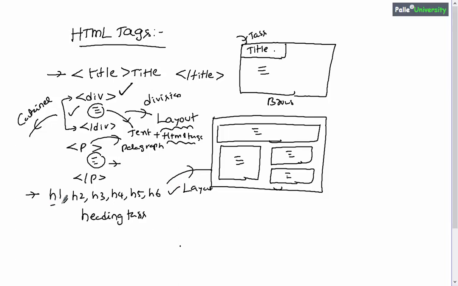In general, if you use the h1 tag, the font size of the heading will be visibly large. If you use h2, obviously the font size will be a little less compared to h1, and so on and so forth. When you display a heading or subheading using h6, the font size will be the least, and when you use the h1 tag, the font size will be the highest.